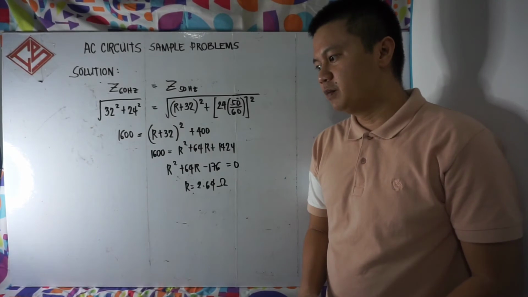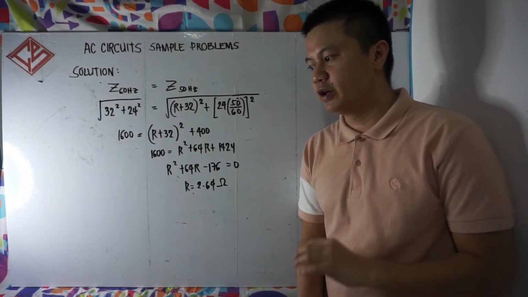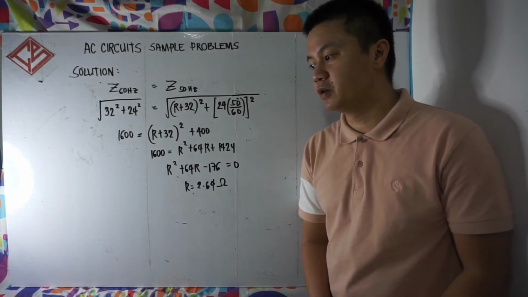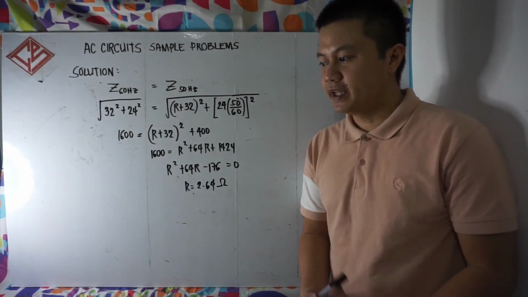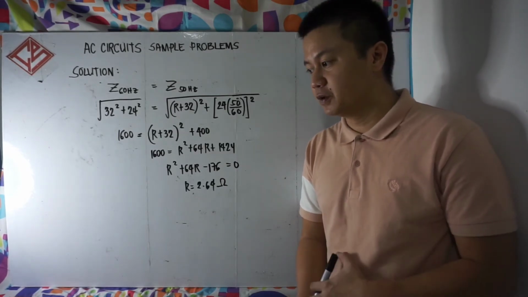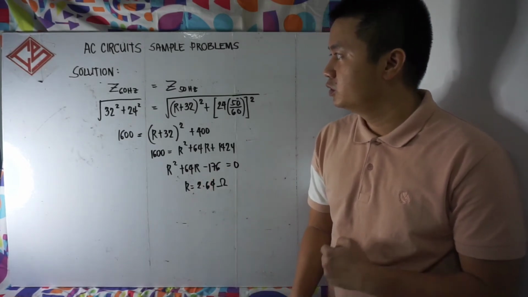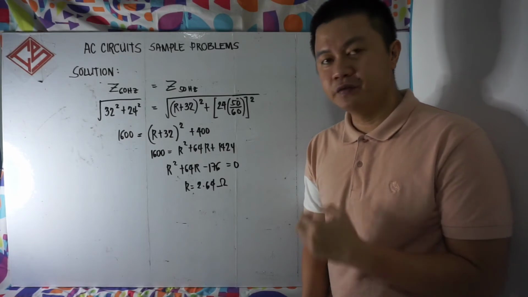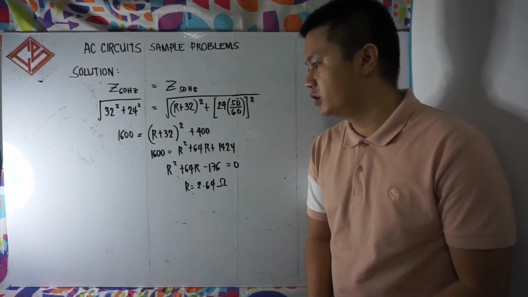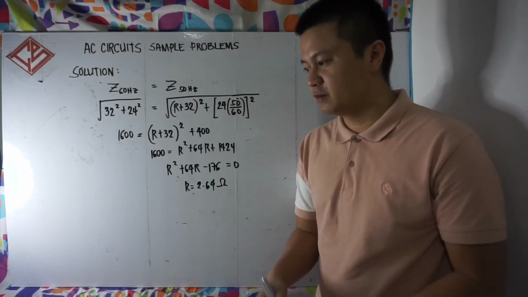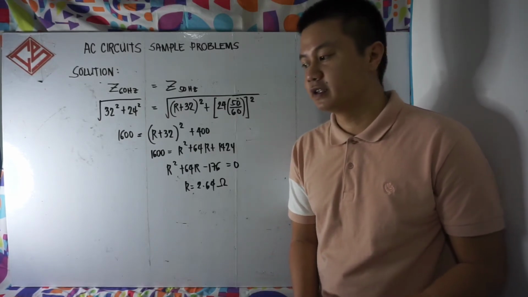For this problem, we are given an industrial coil of resistance 32 ohms and reactance of 24 ohms, rated at 440 volts 60 Hz. This will then be connected to a 440 volt 50 Hz supply. Therefore, there must be something that we add onto the system to avoid overcurrent.